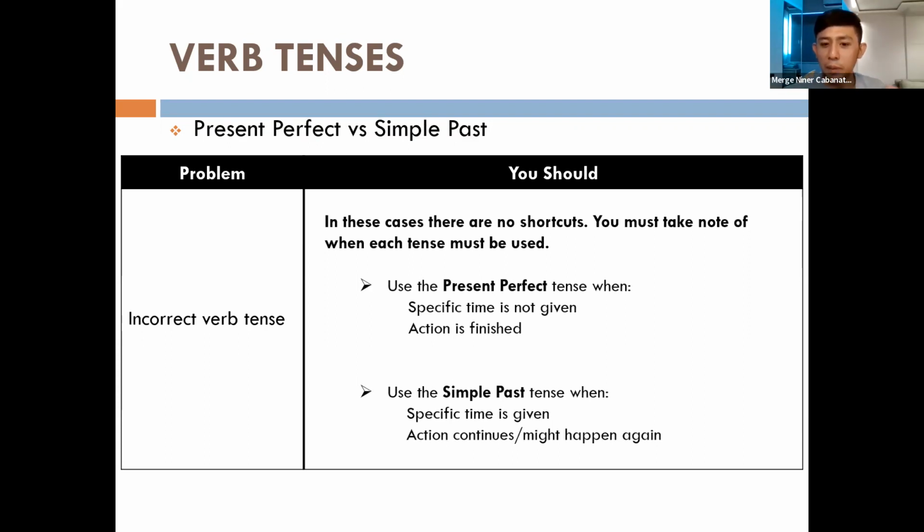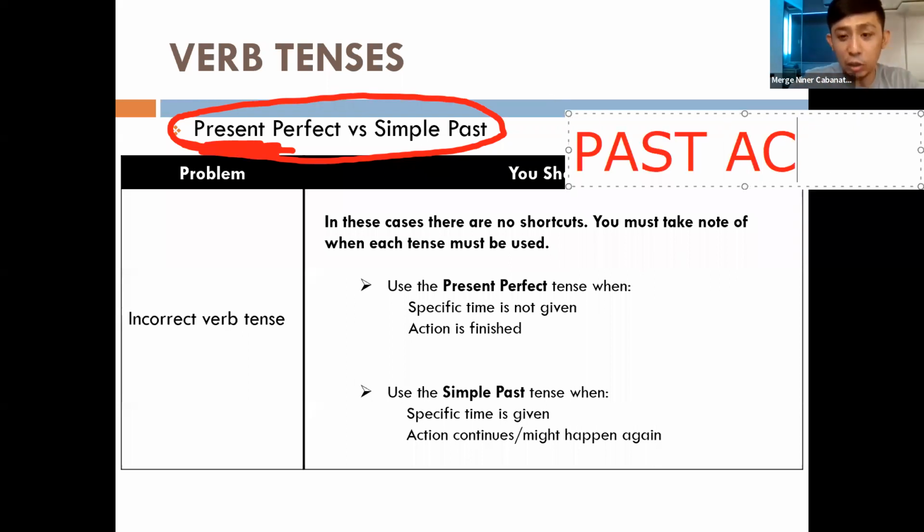So present perfect versus simple past. So we do not need to remember their names. Kahit na po ito ay present, this pertains to a past action. So both of them, past actions.